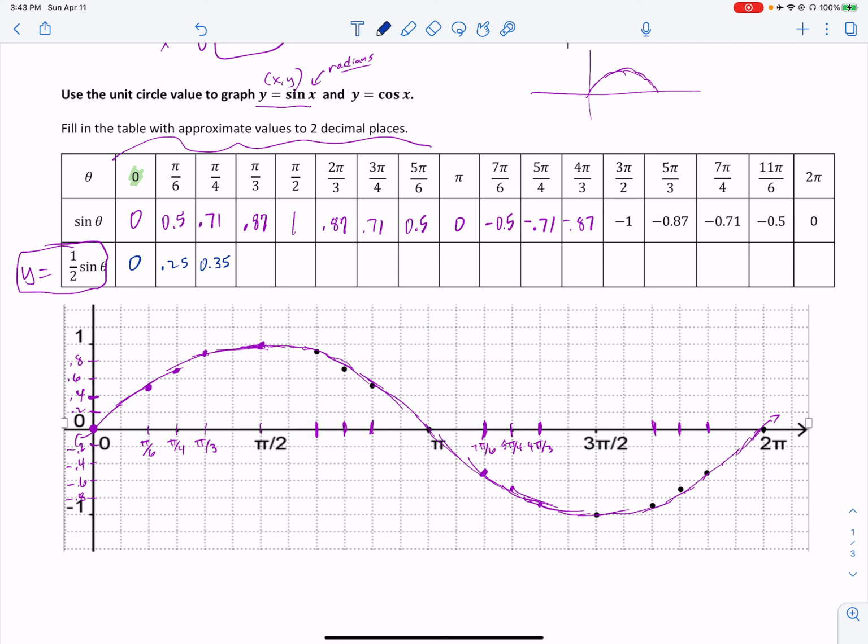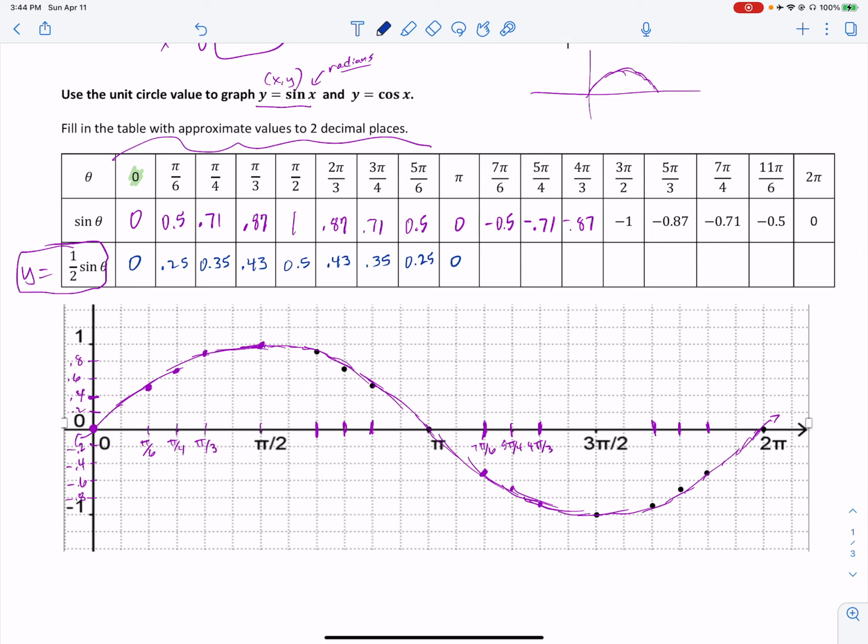And the 0.866, half of that is 0.433. Half of 1 is 0.5. And then we had that 0.866, which half of that is 0.43. The half of 0.707 is 0.35, and half of 0.5 is 0.25, and half of 0 is 0.